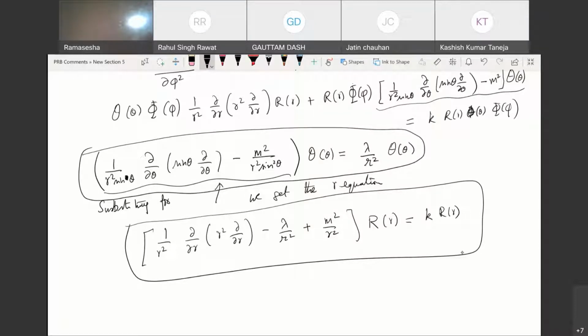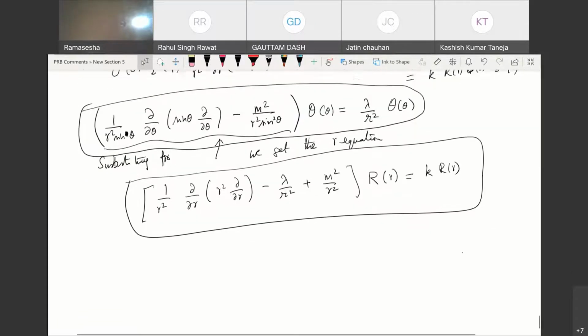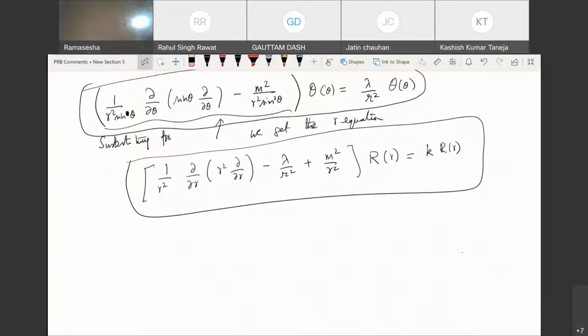So let us first solve that. So what we have is 1 by r. Oh, sorry.